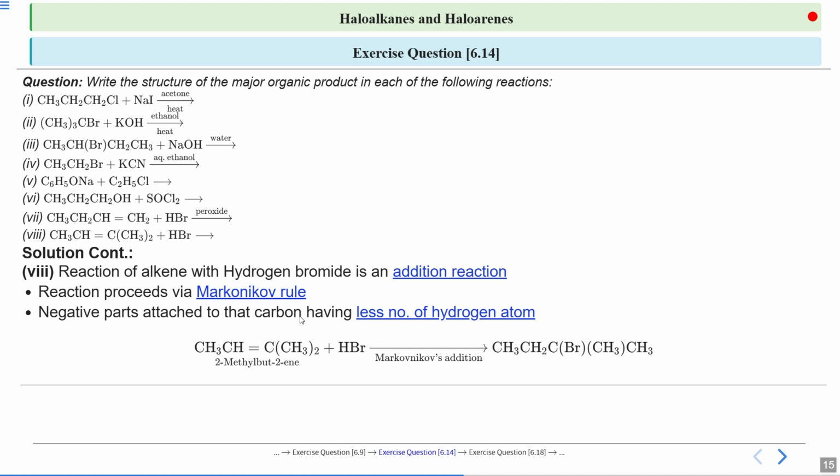So the bromine will attach on this carbon and you will get your major product as CH3CH2CBr(CH3)CH3. Nothing else happens, just the double bond is removed and one bromine attaches to the carbon with the lesser number of hydrogen atoms, and the hydrogen from hydrogen bromide attaches to the other double bonded carbon and you get an alkyl bromide.